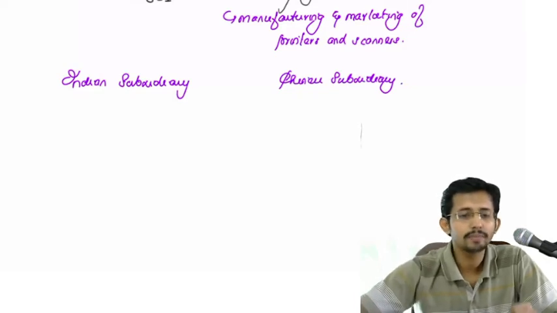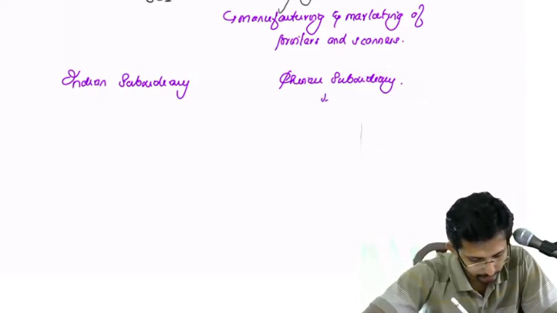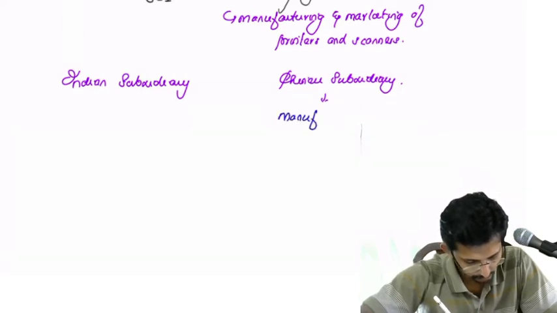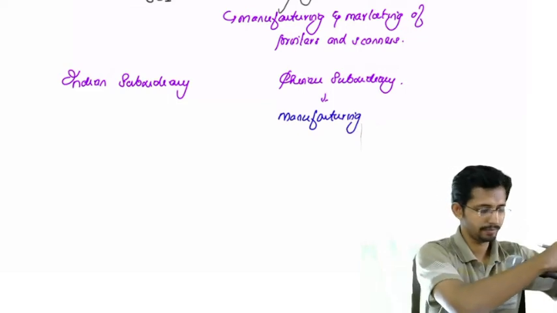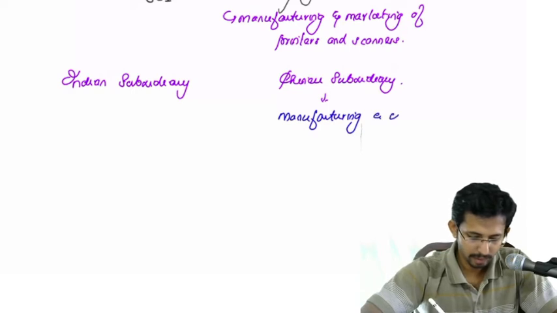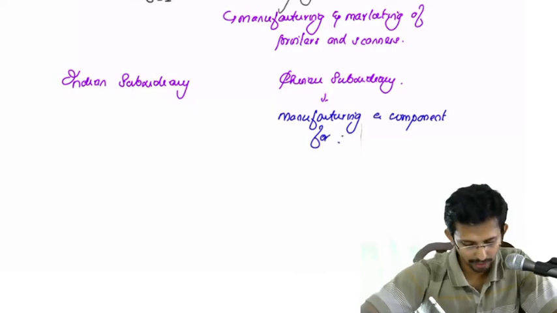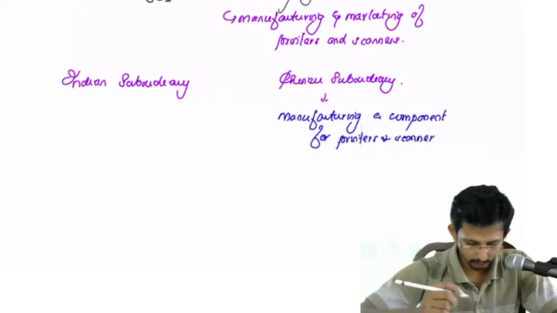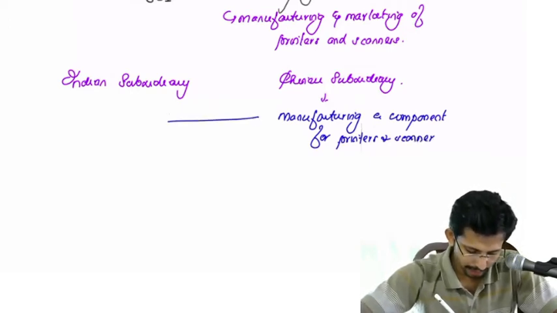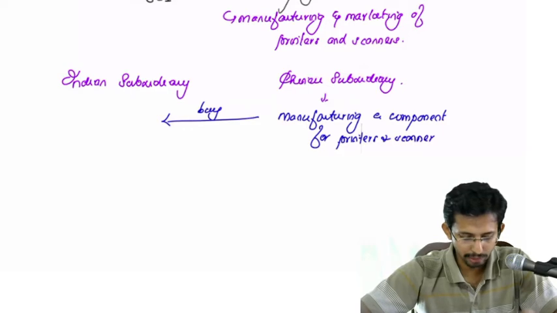The Chinese subsidiary is manufacturing a component for printers and scanners, and the Indian subsidiary buys that component from the Chinese subsidiary.